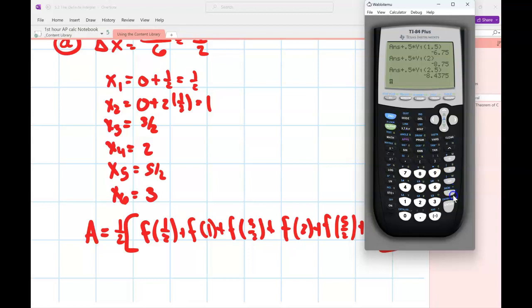Second enter, and this is my last one. This is probably a little more convenient than typing it in all over again because it's just going to be a lot of buttons. But either way, you should get the same thing. So we get about -3.39 whatever.